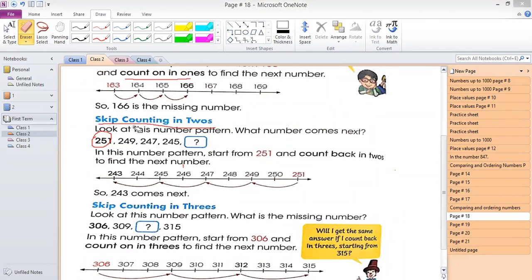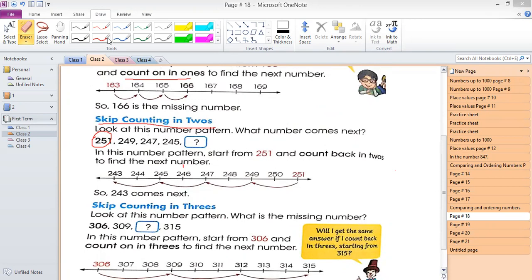Bigger. Very good. 251 is bigger than 249. So that means the series is arranged from largest to smallest. You will check the number which is before 251.